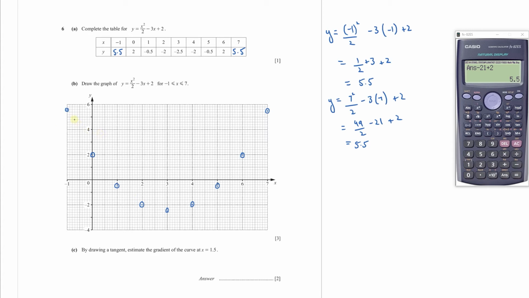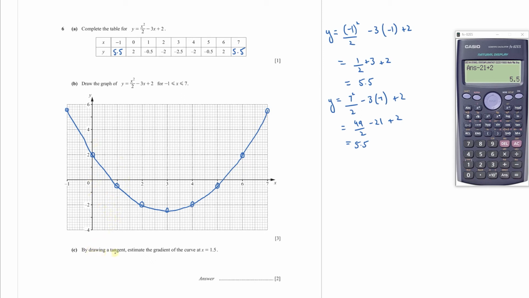Let's try to draw the curve here. So this is how your curve will look like.